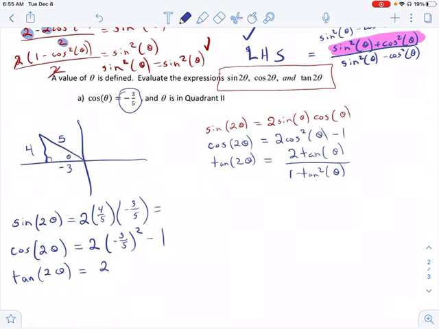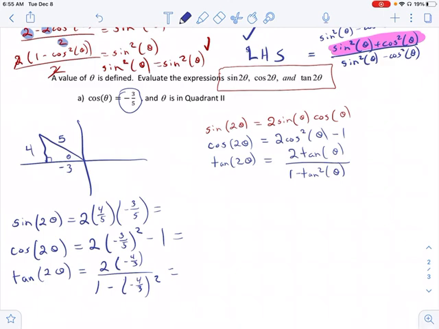Tangent of theta is opposite over adjacent, so that would be negative 4/3. And then this is going to be 1 minus negative 4/3 squared. So for these, you can simplify down to a single fraction if you want to practice some of that fraction work. I think it's easier on some of these than others, like this top one.